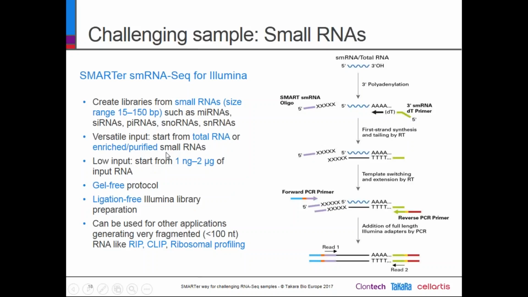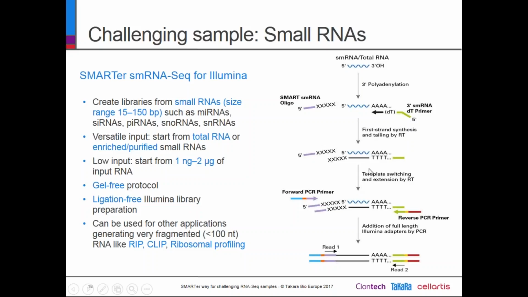And the input is very low, so what we like at Takara, as the name of the presentation says, is to allow you to work with the most challenging samples. You will be able to work with as low as 1 nanogram of total RNA and get a small RNA sequencing library from it.